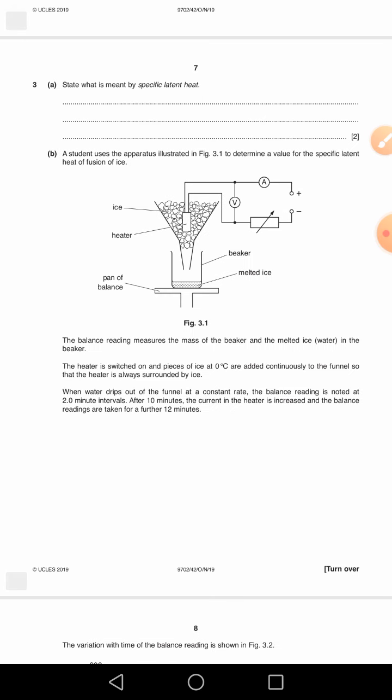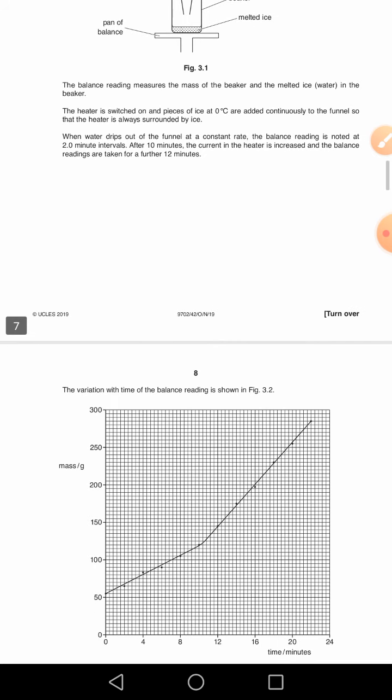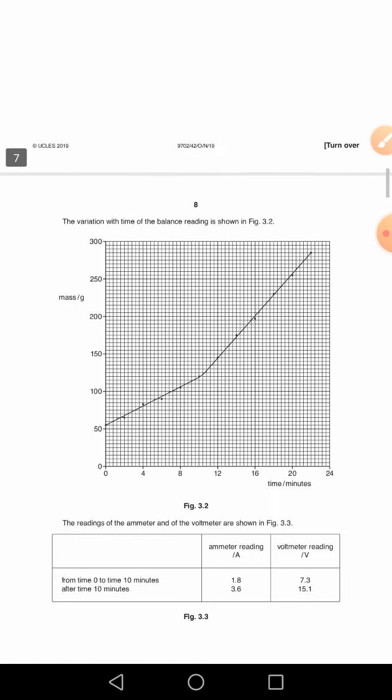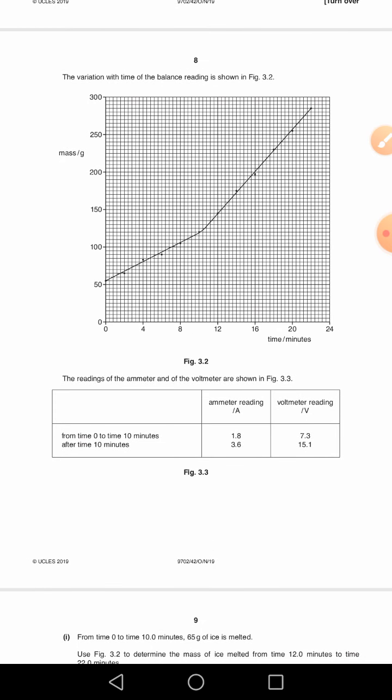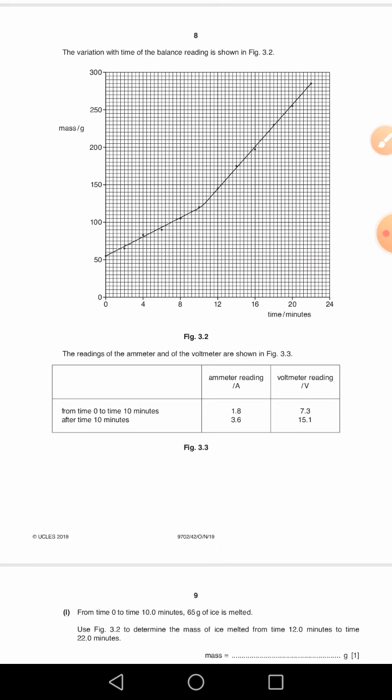Okay, so here we have two different cases. One is at a lower current and another is at a higher current. The first reading was for 10 minutes and the second reading was for 12 minutes. The variation of the balance reading is shown in figure 3.2.